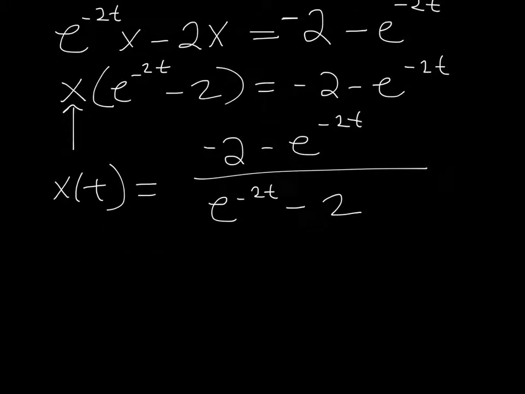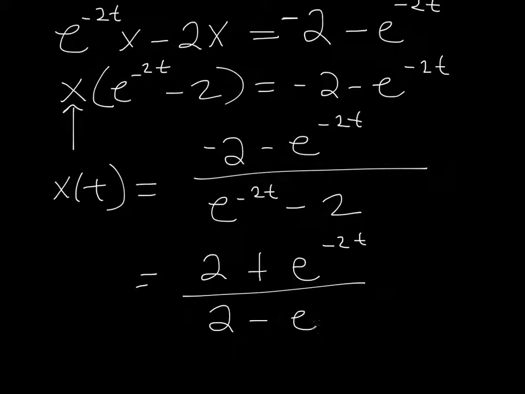You can simplify this a little bit more if you want. If you want to make the numbers positive, I can multiply everything by negative 1, top and bottom. So I get 2 plus e to the negative 2t over 2 minus e to the negative 2t.